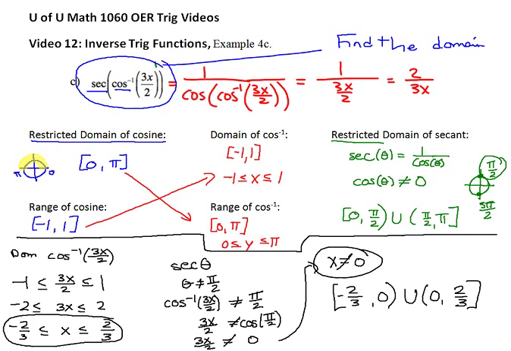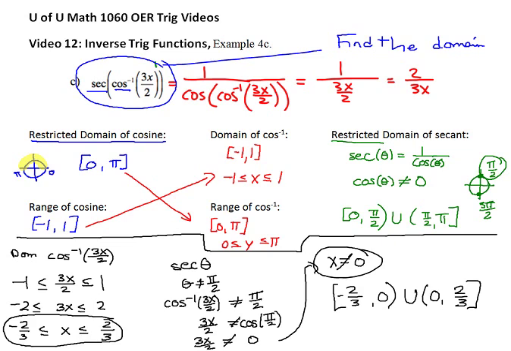Now I'd like to step back and make one comment. If it hadn't been secant, but it had been sine or cosine, then this would have become a simpler problem. We would have still needed to do the first step of considering the domain of the inner portion, but when we get here, the restricted domain for sine and cosine doesn't have anything taken out.